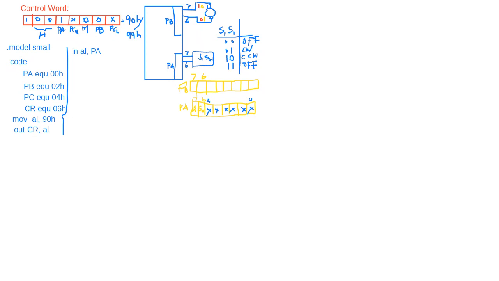You know, we can mask them using logical AND, AND AL comma 1 1 0 0 0 0 0 0 B.